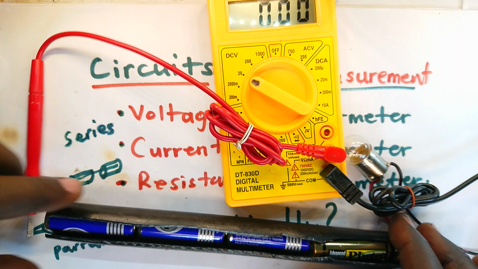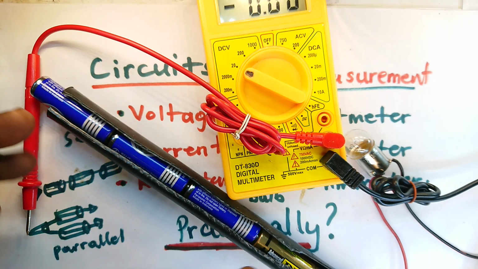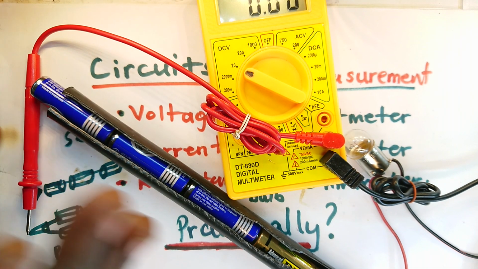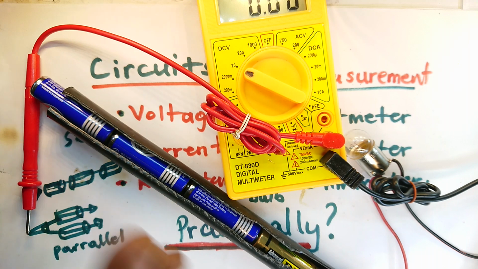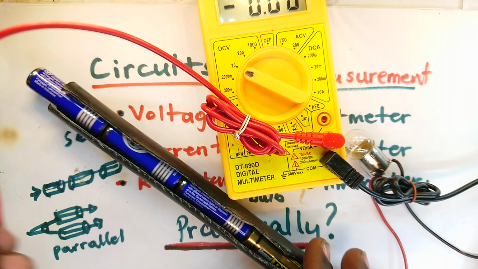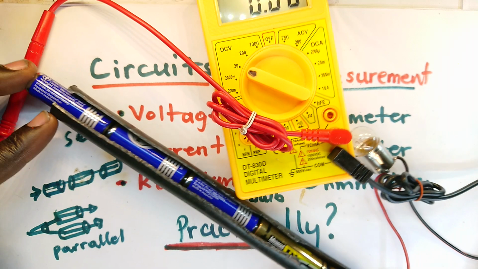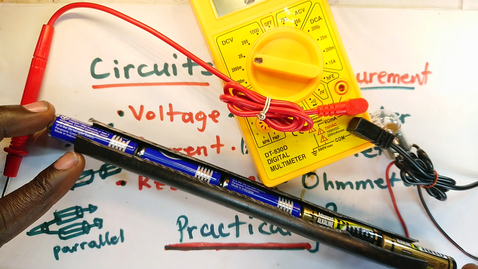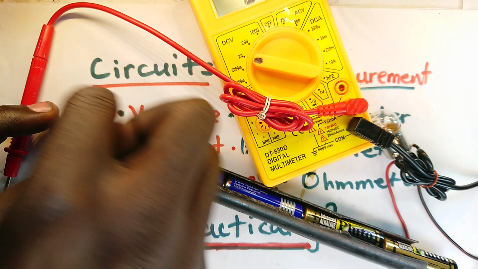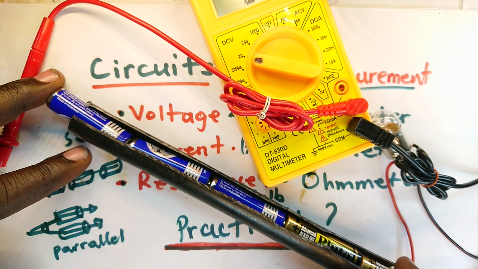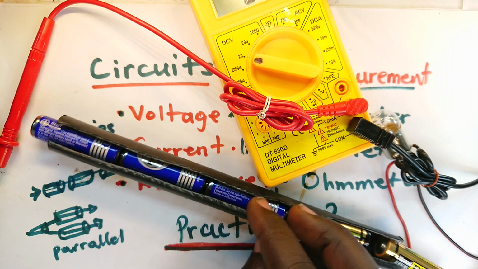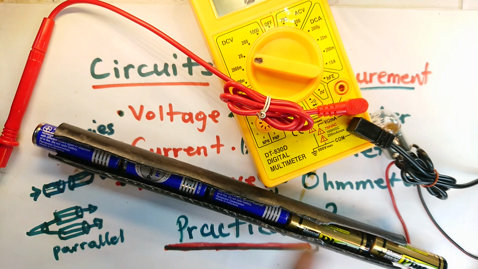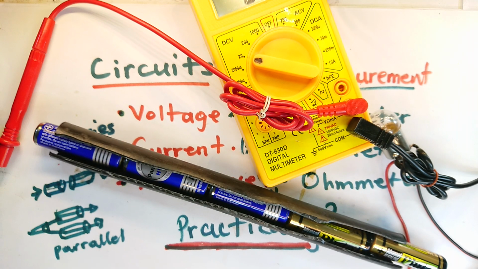So that's just to show you that when you put these dry cells in series, the voltage across them builds up. And this is what I was telling you. They're in series, flowing through this, then that, then that, like that. So when the dry cells are connected in series, the voltage adds up.